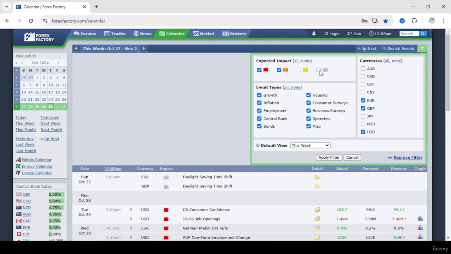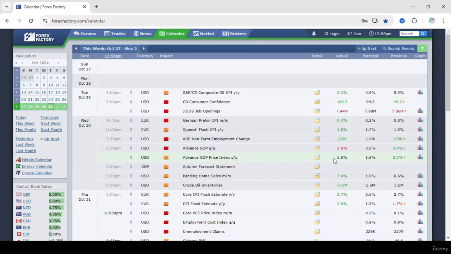So we tick these two boxes, and then in the currencies you tick the currencies in which you want to trade. I'll select the euro, the pound, and the dollar. Then you apply the filter.